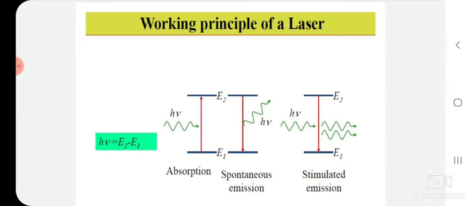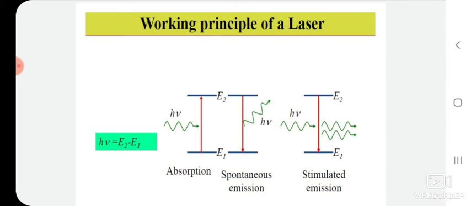When that electron absorbs that energy, it gets excited and moves to a higher energy level E2. It stays there for a very small time. When an electron moves from the lower orbital energy level E1 to the higher level E2 by absorbing an incident photon E equal to h nu, that phenomenon is nothing but absorption.